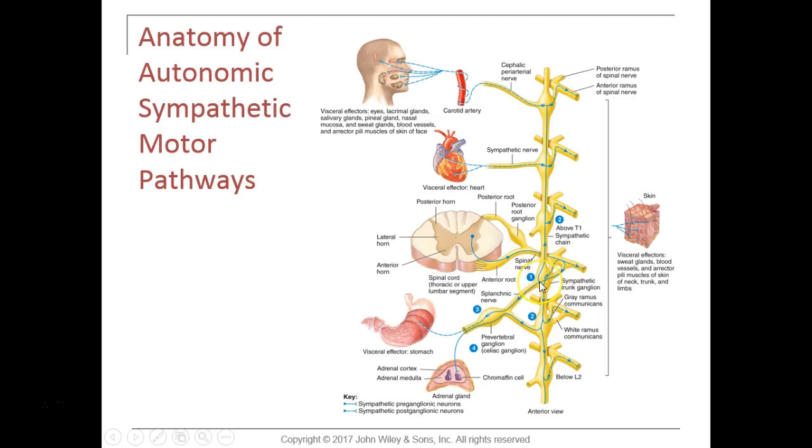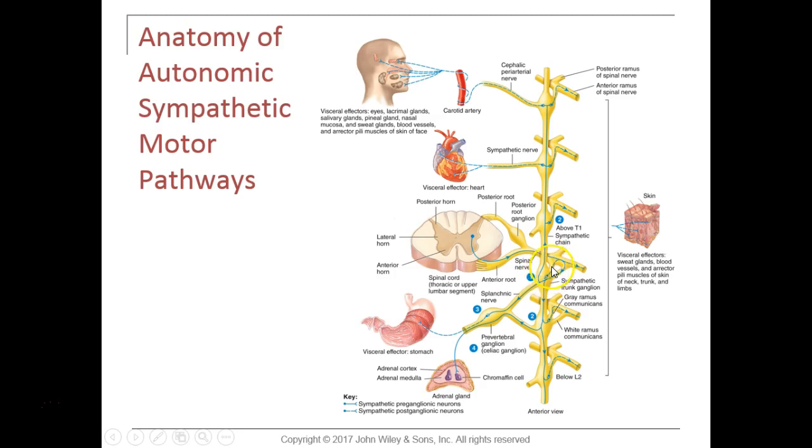Now here are your choices. That preganglionic neuron can synapse with a postganglionic neuron at the same level that the preganglionic neuron comes in, just like this, at this level of the spinal cord. And then the postganglionic neuron can leave at that same level via this branch, which is called the gray ramus.